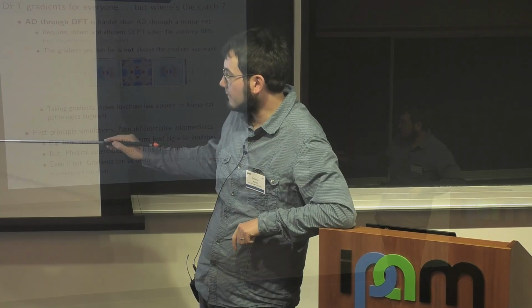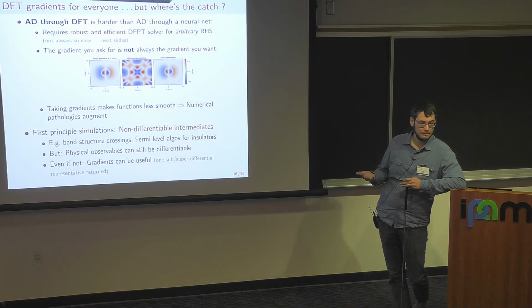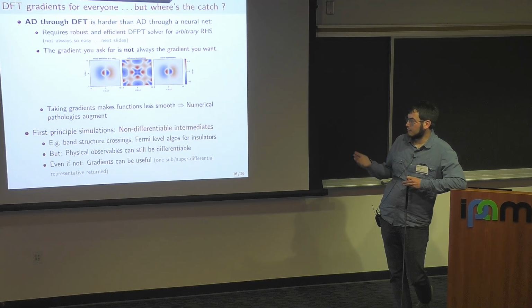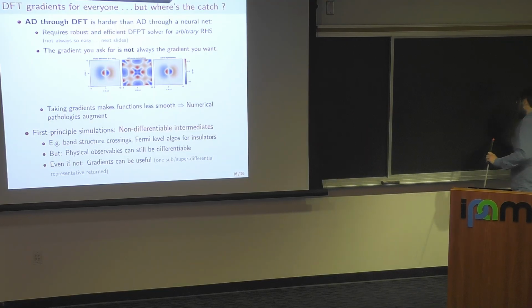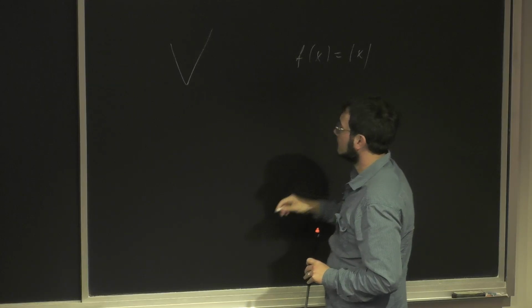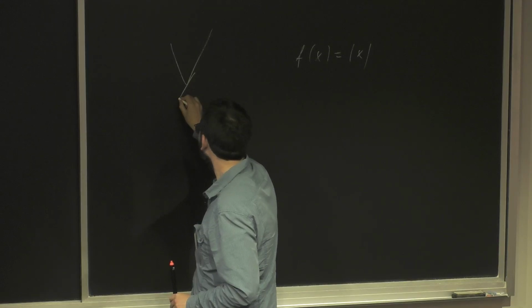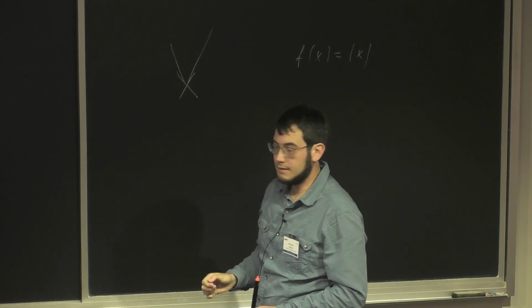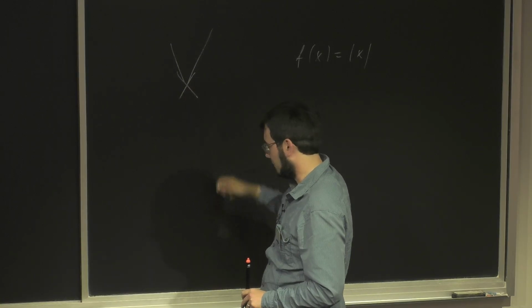And sometimes, if you don't have gradients in the rigorous mathematical sense, if you have some sort of branching, these algorithms typically give you one of the gradients, right? Imagine something very simple: a function which is just the modulus of x. If you go through with a typical algorithmic differentiation code, it will either give you this gradient or that gradient. This is not completely useless, because it actually still tells you something about the function.